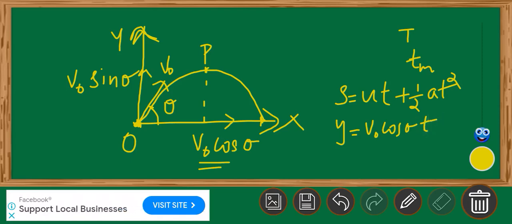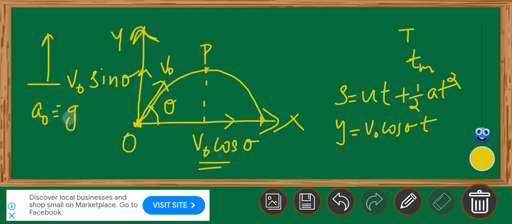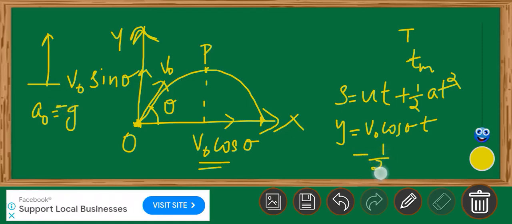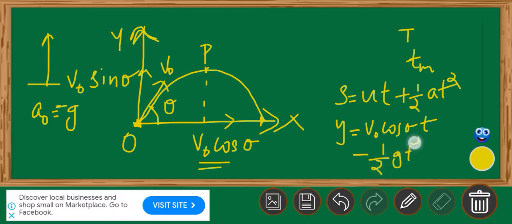Then in the upward motion, we have acceleration due to gravity. According to the Cartesian sign convention, a equal to minus g, giving minus half g t square.